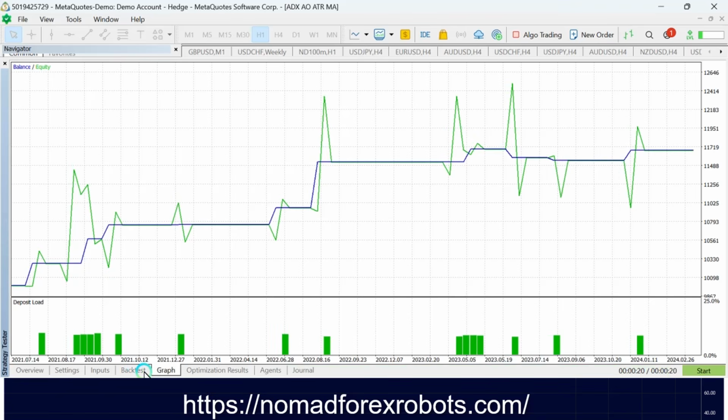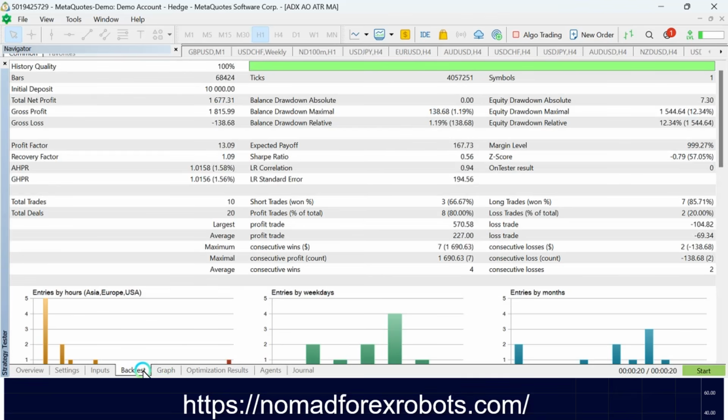Let's see the statistics. First of all, I have to tell this is amazing because I didn't optimize this strategy at all. This is a completely organic strategy, and it seems like it is doing pretty good.